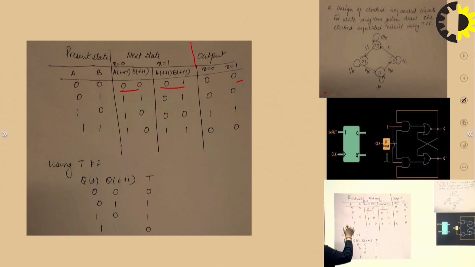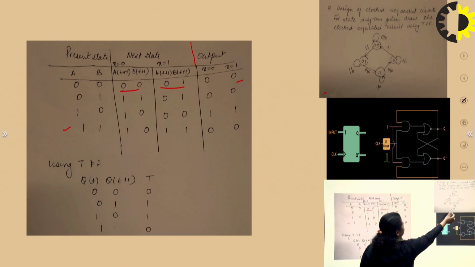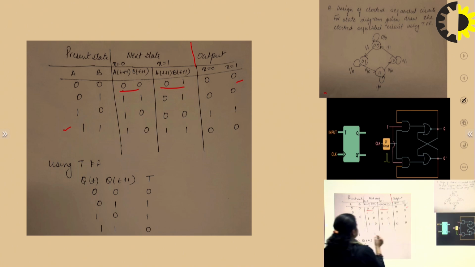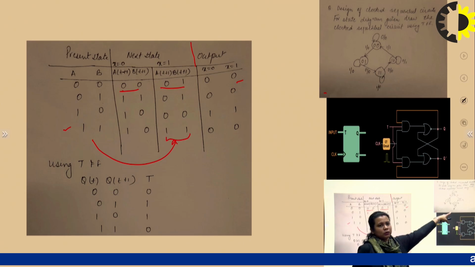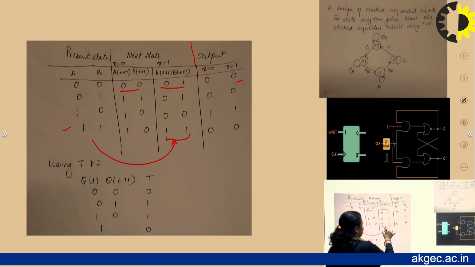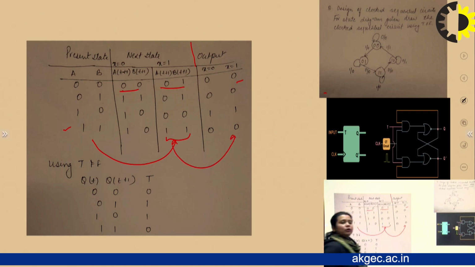See, I will tell you for 1 1 again. For 1 1 when input is 1, it is not changing and it is moving to 1 1 only. So 1 1 when input is 1, it is moving to 1 1, and the output is 0. Is this clear?